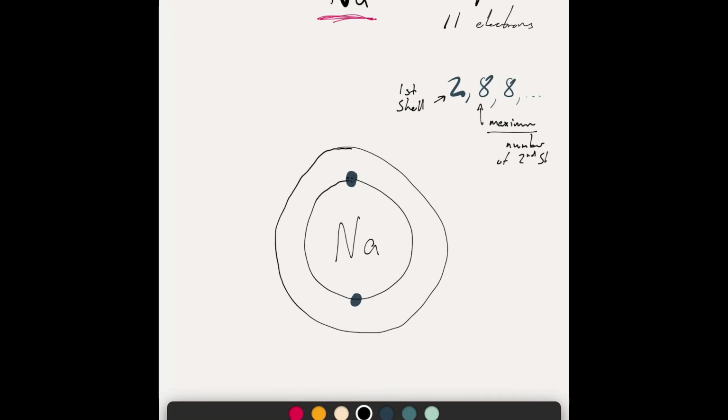The maximum number of the second shell. But in this case, I am going to fill it completely. And I'm going to fill it with 8 of these electrons. I'm just going to draw them in pairs, just because it's easy to keep track of them. So I've done 1, 2, 3, 4, 5, 6, 7, 8 electrons here.